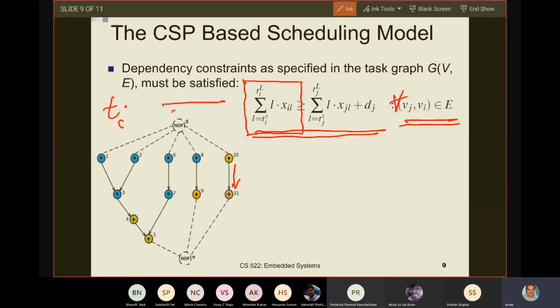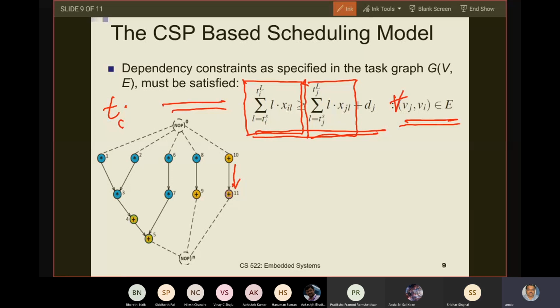If you understand this, that means you also understand that this box on the right represents the start time of Vj, right?